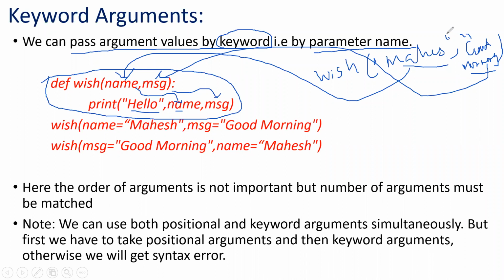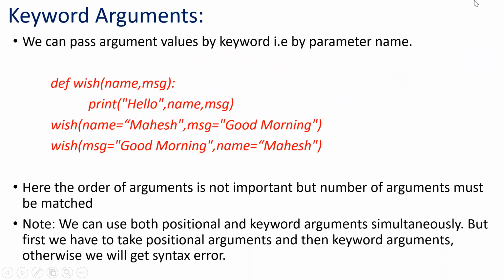But when we are dealing with keyword values, we can assign randomly because it recognizes based upon this value.